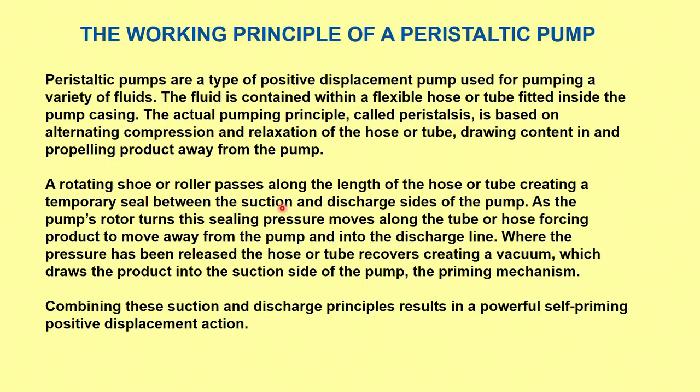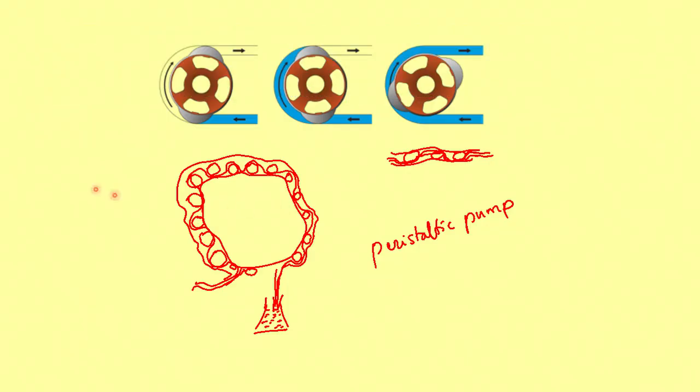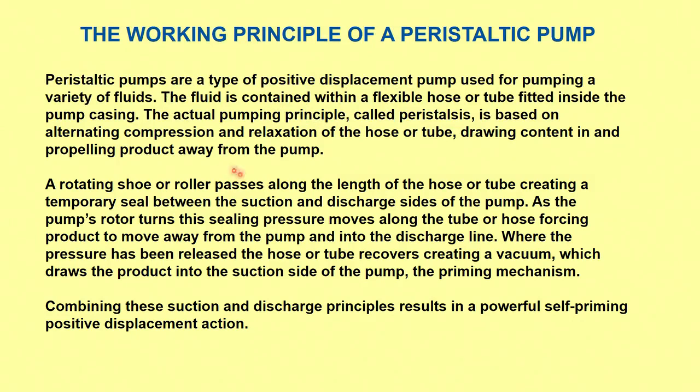You can see here in my previous slide, here there will be expansion, there will be compression, there will be expansion, there will be compression. Like that, there will be a succession of compression and expansion. And so, as the pump's rotor turns, this sealing pressure moves along the tube.